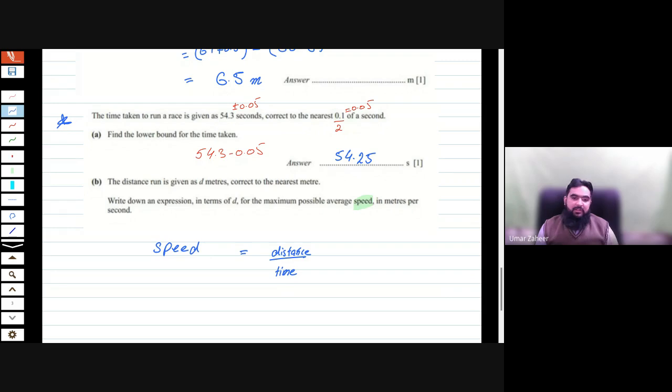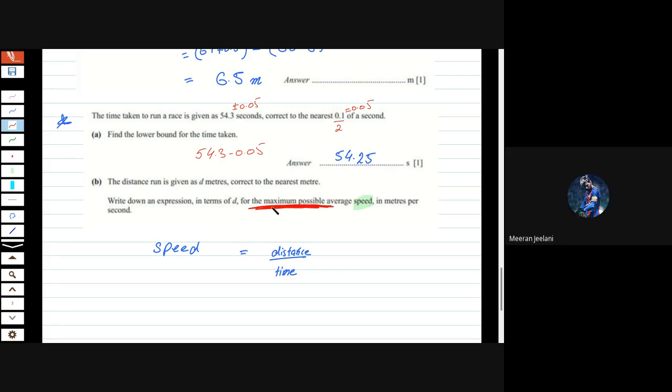Look here. He just gives you the condition, so automatically you have to check that it is a division case. Obviously, it is not going to tell you directly whether it is a multiplication or division case. You have to check. Now we have to find the speed, and we have to find the maximum possible average speed. The maximum possible average speed means upper bound.